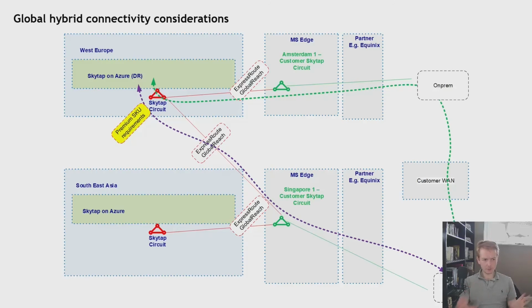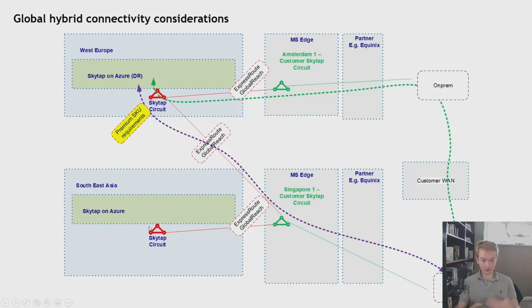A bit of a busy diagram, but let's explain what's going on here. At the top here, we've got West Europe, which is representing Skytap West Europe. And that's got the GlobalReach connection to the green circuit, which goes back to on-prem. And we've got the same thing down the bottom. We've got Southeast Asia, where they've also deployed Skytap.